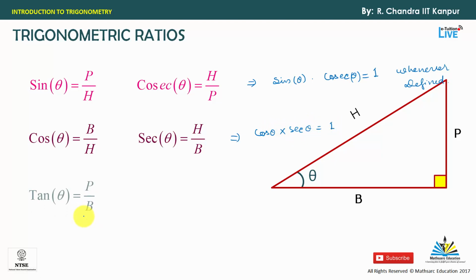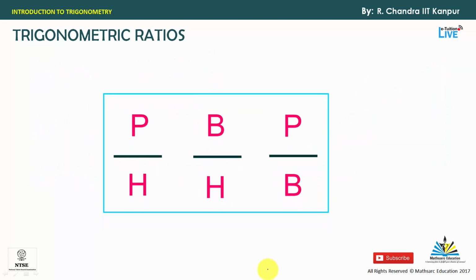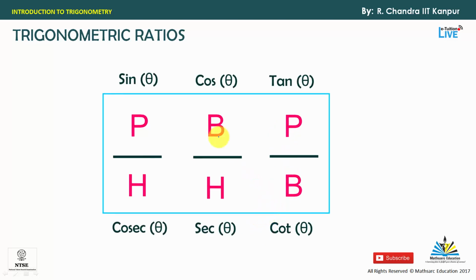Again, tan theta is perpendicular upon base, and the reciprocal of that, cot theta, is base upon perpendicular. So this also implies tan theta into cot theta is equal to 1. So we have these 6 trigonometric ratios.